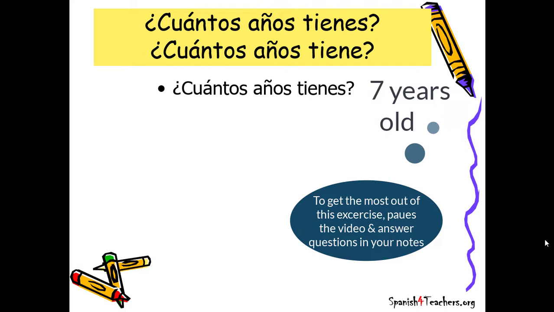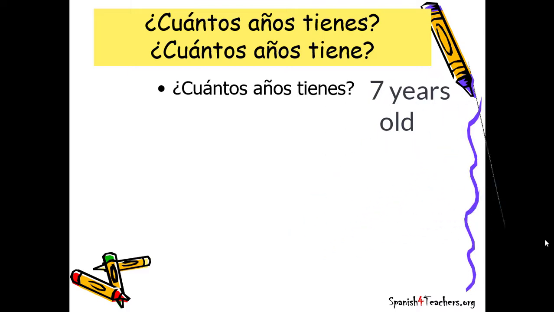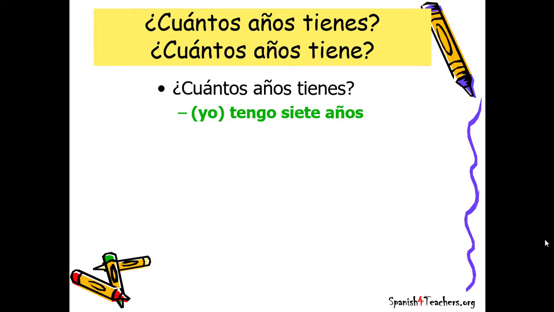Pause the video if you need to make sure you have time for the correct answer. ¿Cuántos años tienes tú? Okay, the correct answer, yo tengo. I'm now responding in first person, 7 años.